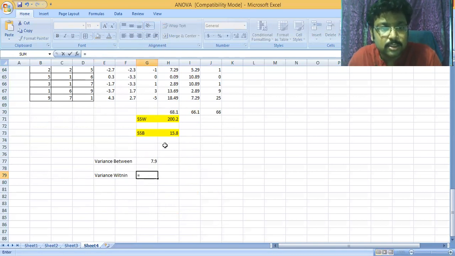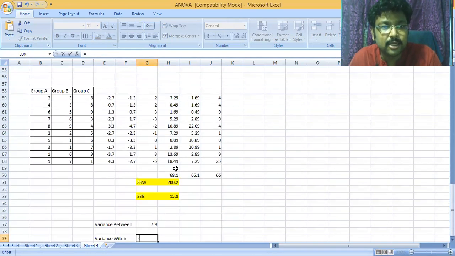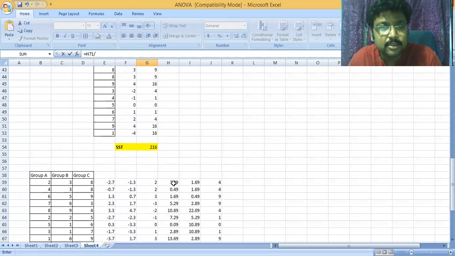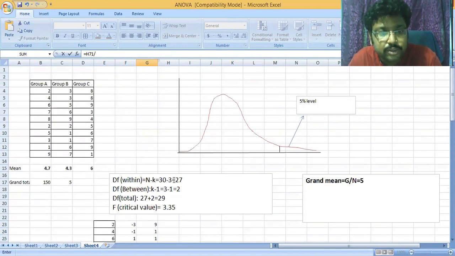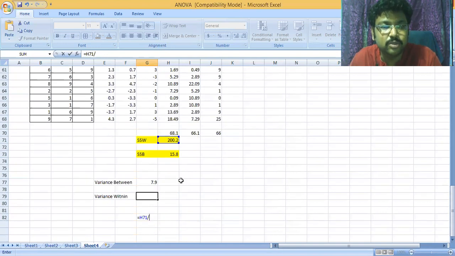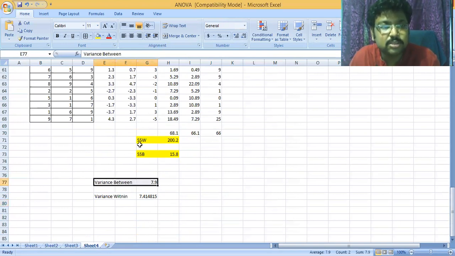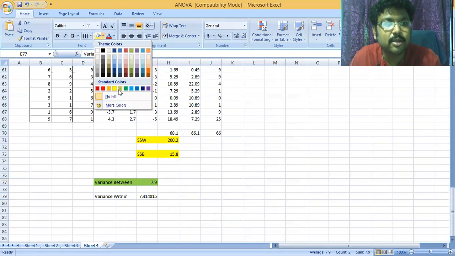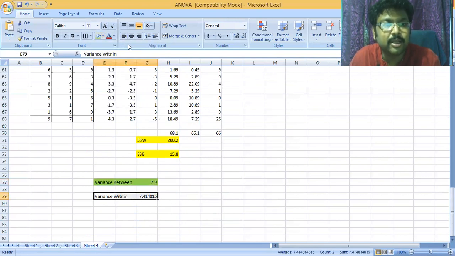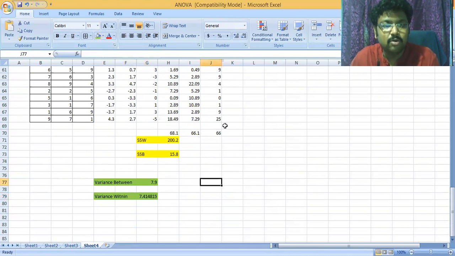We divide the sum of square within by the degrees of freedom within, 27. Clear? Degrees of freedom within is 27. So 7.414815. These are very important, so I am highlighting them for better understanding. Now we are going to find the F statistic.